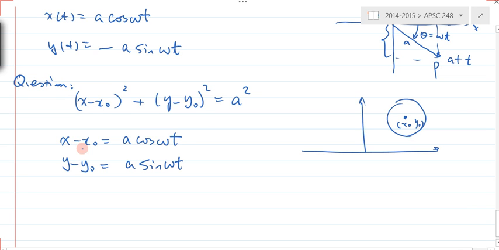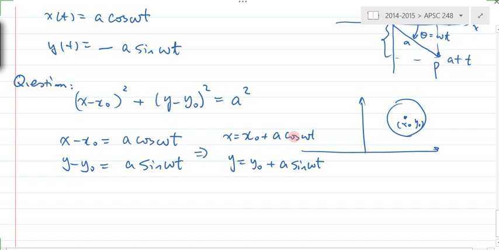So essentially, x equal to x0 plus a cosine omega t, and y equal to y0 plus a sine omega t. There you go. So this is a parametric equation for that circle at a different center other than the origin.